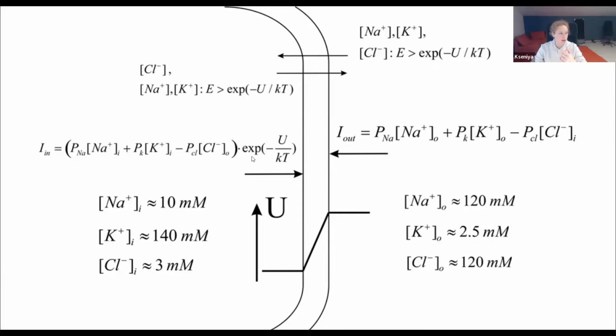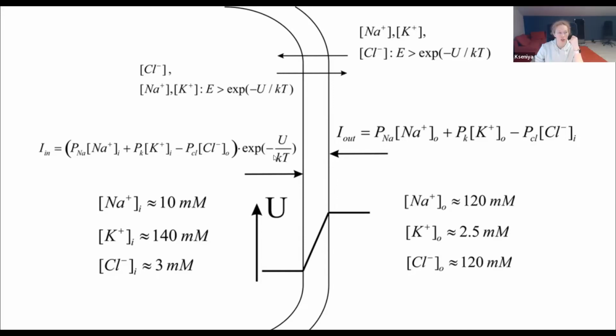I just want to calculate the current from inside to outside. Yeah, and it depends on the energy. If we have a high energy, the direction will be from outside to inside.